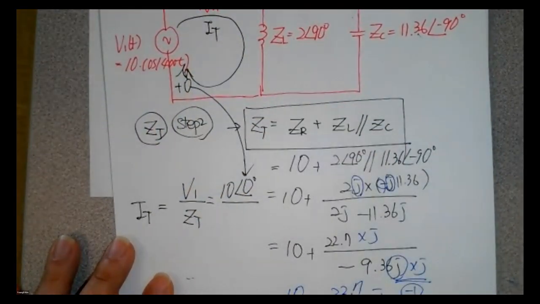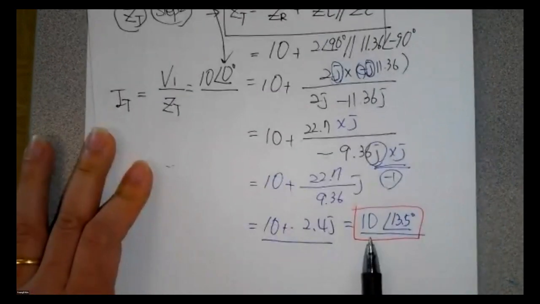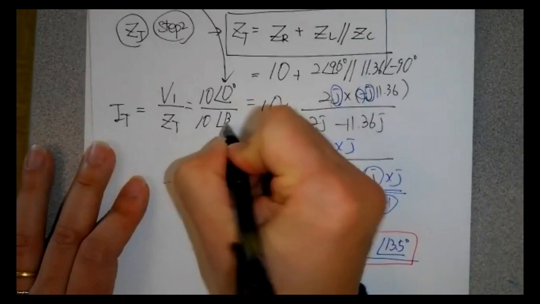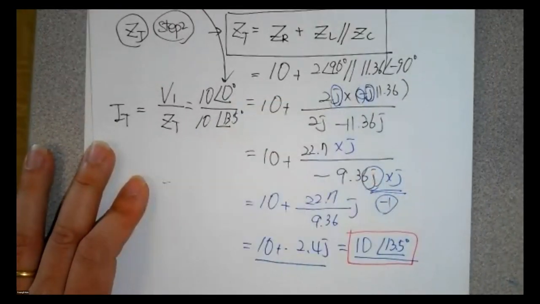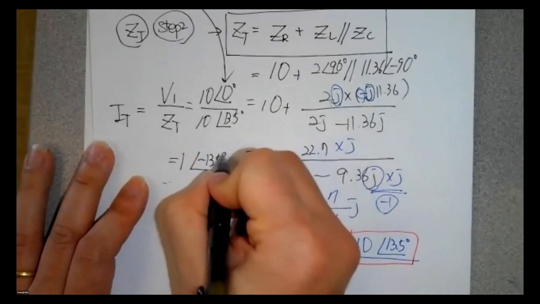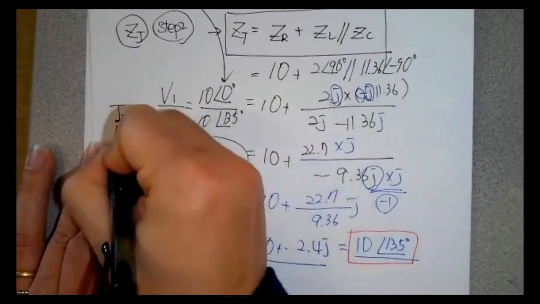And then the Z sub T is what? We have already calculated, so just right there, 10 at 13.5. So I sub T is 1 at minus 13.5 degrees here.